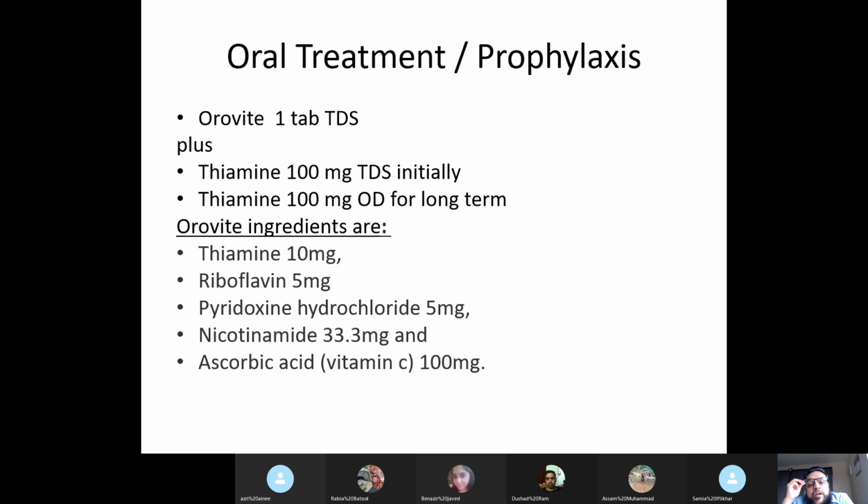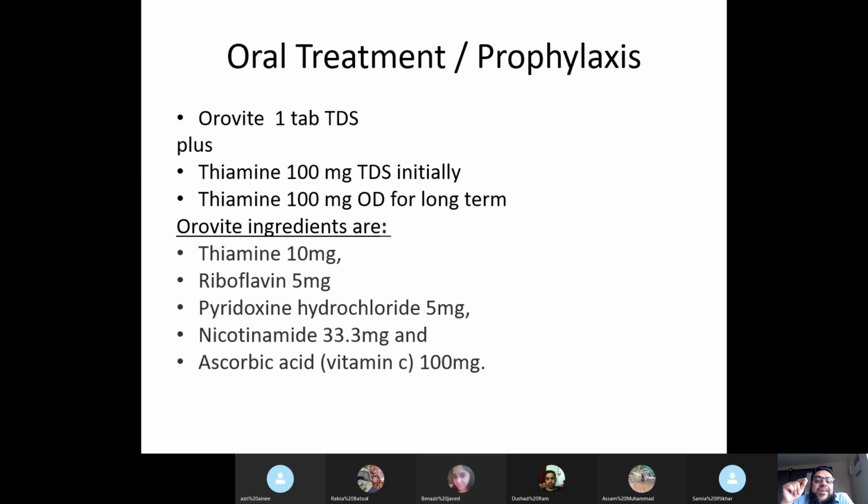Then oral alternatives, especially when the course is complete, then you switch back to oral for the next 1 to 2 weeks. So Orovite 1 tablet TDS plus thiamine tablet 100 milligrams TDS for another couple of weeks, and then you can continue that long term as 100 milligrams OD.